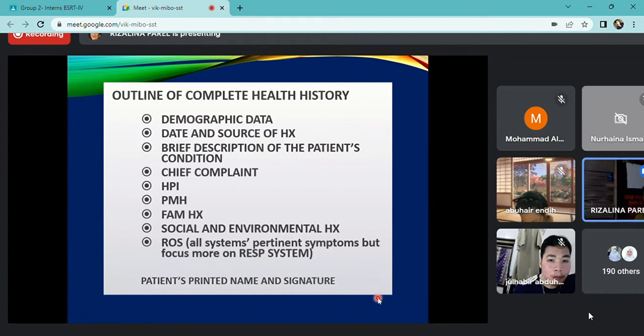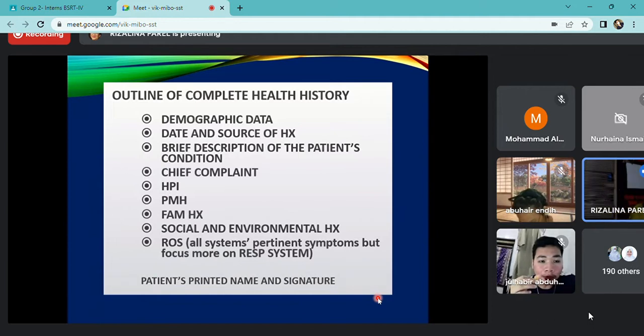And then next is the HPI. HPI, of course, is the history of present illness. PMH is the past medical history, family history, social, environmental, personal, and occupational history. And then the pang-seventh actually yung ROS, review of systems.